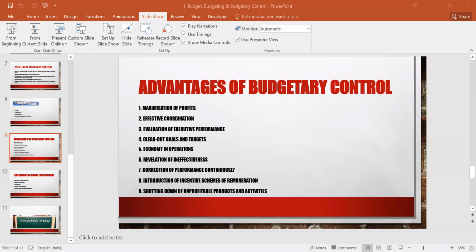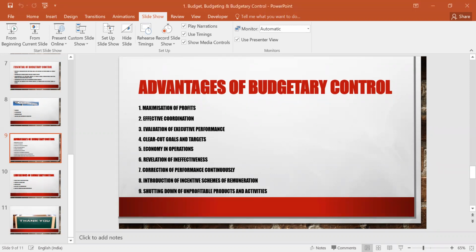If there is a shortfall, you go and talk to a banker and ask for an overdraft facility. You know what overdraft is, right? Cash credit and overdraft facility. Or when there is some excess cash, you go to an investment avenue where you can park your surplus money. So all these things you can put in the advantages of budgetary control.